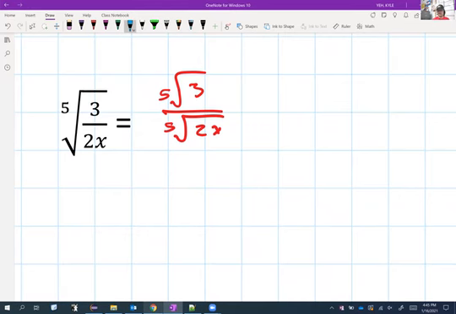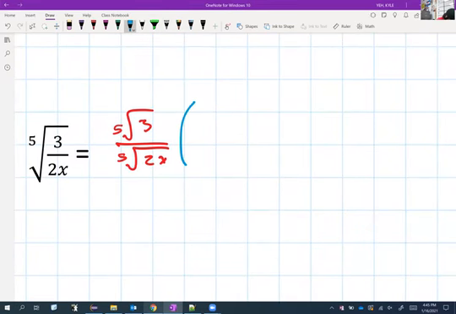I need a group of 5. Currently, I have 1. I'm going to multiply this by 5th root of 2x. And that almost looks like 5 root 2x. I'm going to make it smaller. 5th root of 2x over 5th root of 2x.